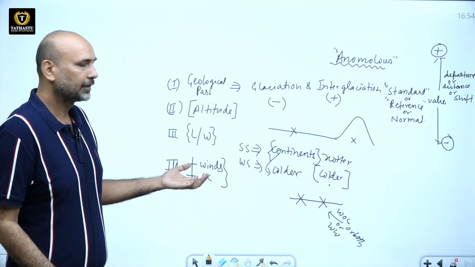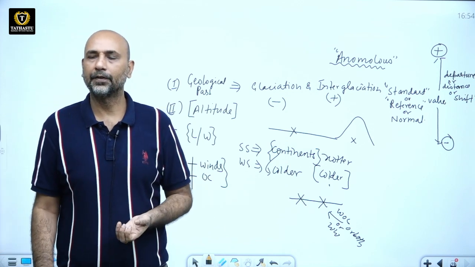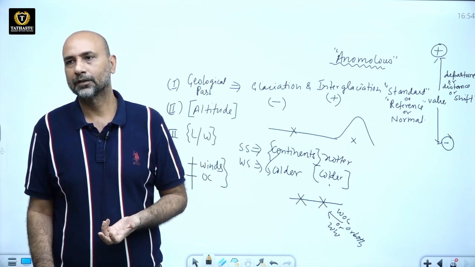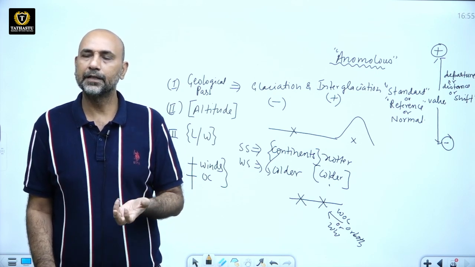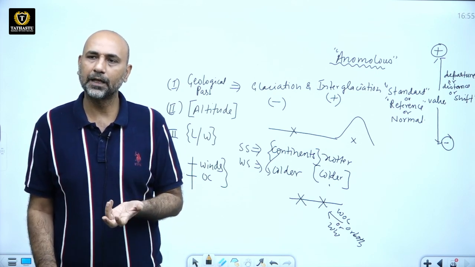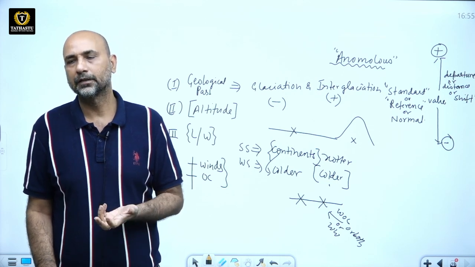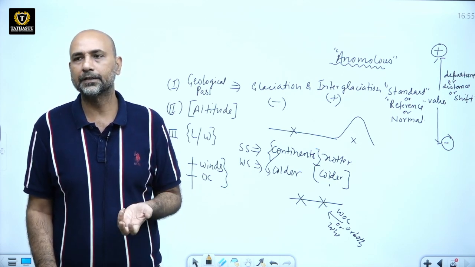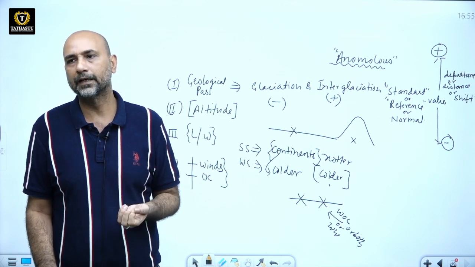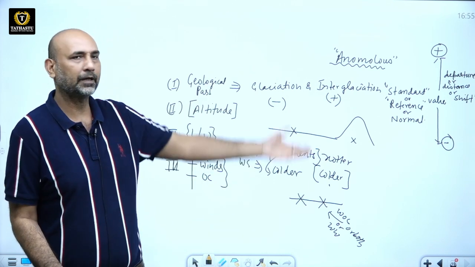And finally, thermal properties of inflowing winds and oceanic currents. Two places located at the same latitude under the influence of hot winds or warm oceanic currents are going to be hotter compared to the place located at the same latitude under the influence of inflowing cold oceanic currents and cold winds. So this is our answer.